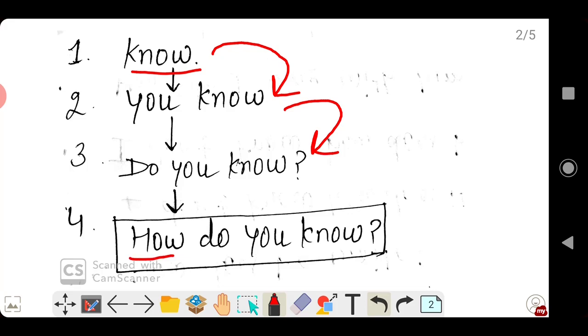"Do you know" means तुम जानते हो, क्या तुम जानते हो, and "how do you know" means तुम कैसे जानते हो. "How" means कैसे. I'm hoping you're getting the concept I'm trying to teach you. "Know", "do you know", and "how do you know".